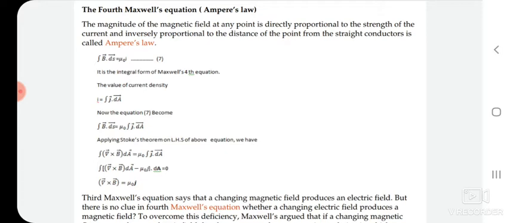The line integral of a magnetic field over a closed loop is equal to mu naught times I. It is the integral form of Maxwell's fourth equation.